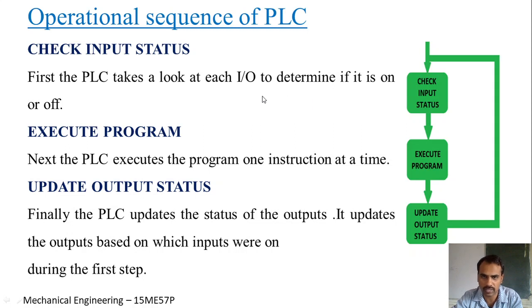It first identifies these things, and then in the second stage the program is executed. That is, whatever program you upload to the PLC will be executed, one instruction at a time, step by step.